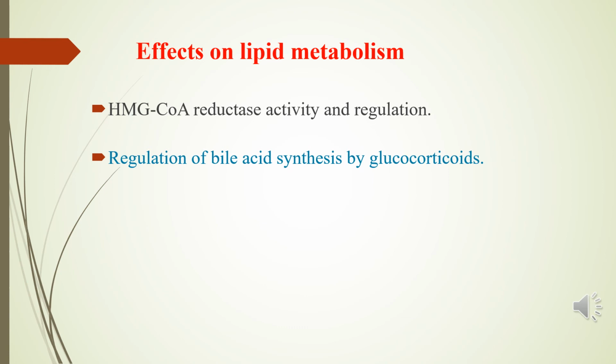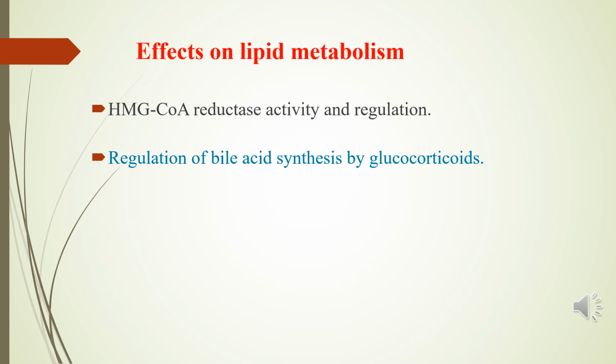Insulin and thyroid hormone were found also to increase hydroxymethylglutaryl coenzyme A reductase activity, an enzyme which regulates cholesterol biosynthesis, whereas glucagon and glucocorticoids decrease it, and this affects the synthesis of cholesterol.